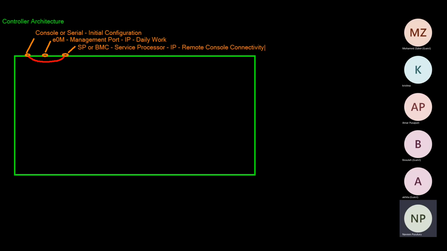So when you reboot or shut down the controller, along with the controller, the e0M port also goes down. When the e0M port goes down, you will not be able to connect to the controller with the IP address of the management port, the IP address which we configured on top of the management port, right?